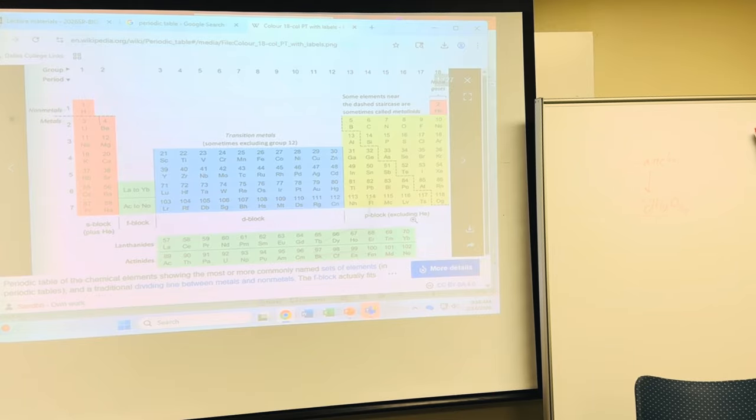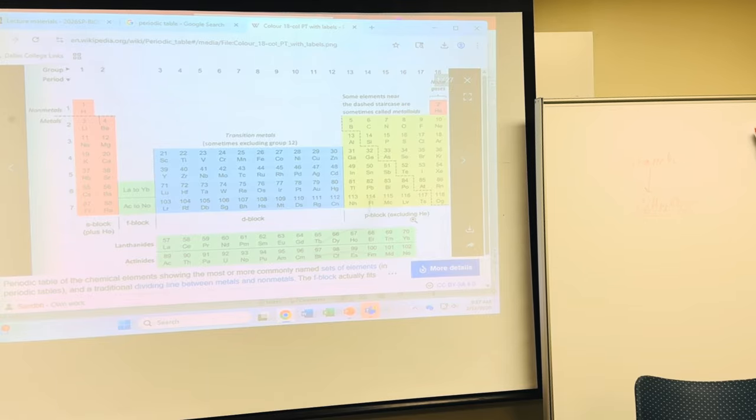Element is the smallest part of any matter. It cannot be broken down into substances. Anybody else want to say anything else? So you guys are all right. You are going in the same direction that I'm going to take you. So she's saying that you cannot break it down to any other substances.